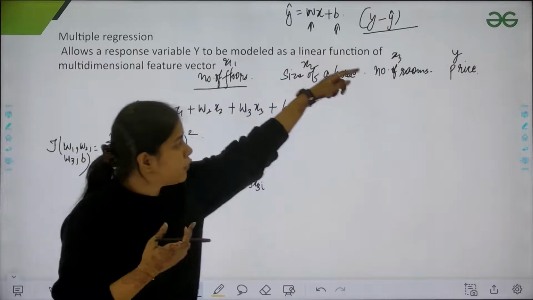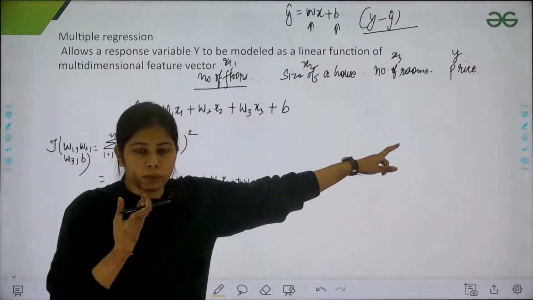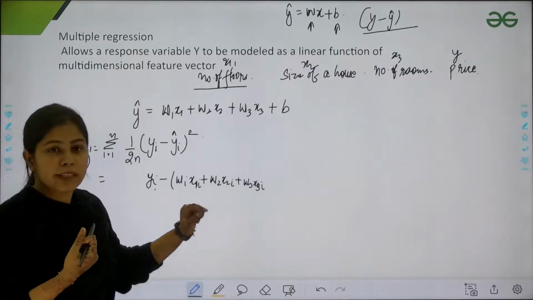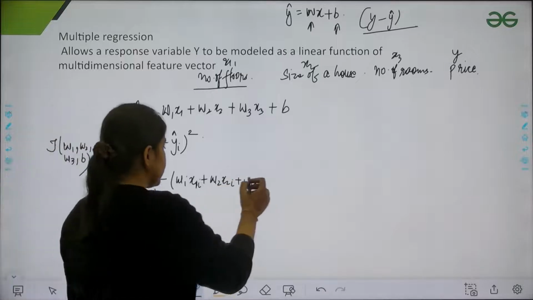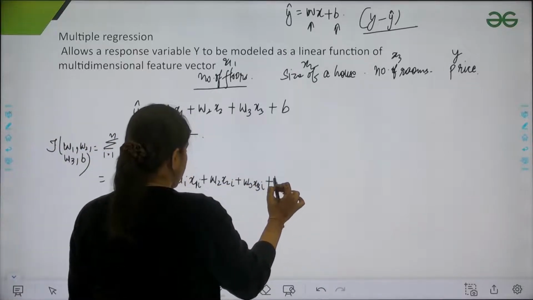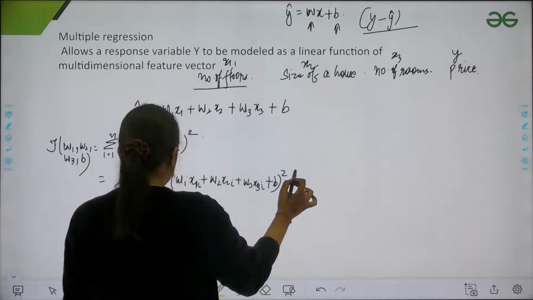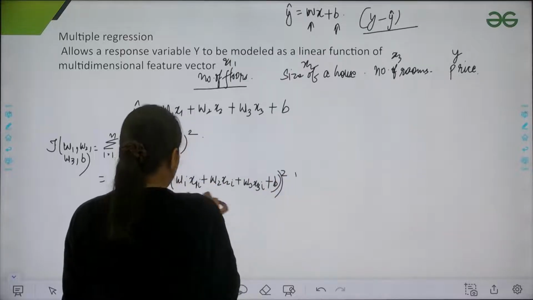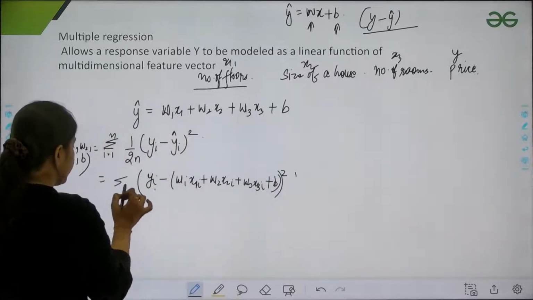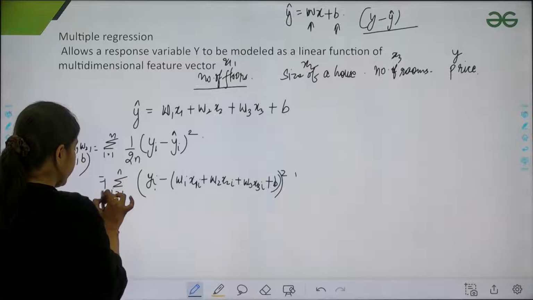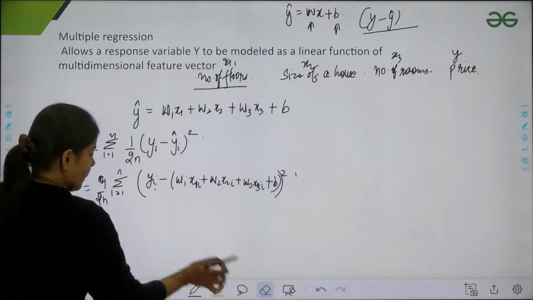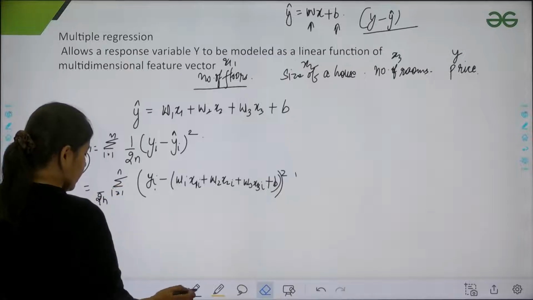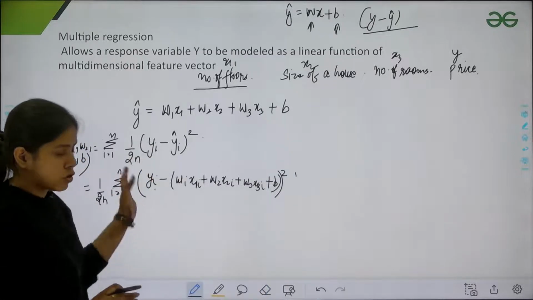That means for the third feature I am taking the ith value, and for the second feature I am taking the ith value. So this is my cost function.